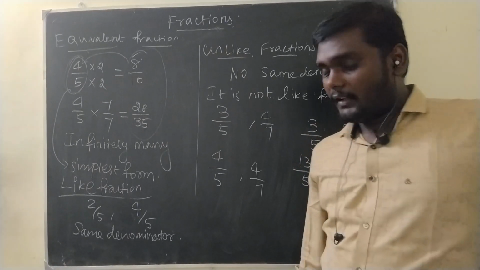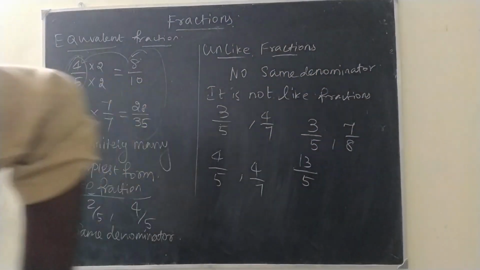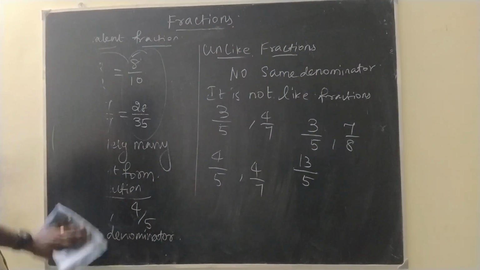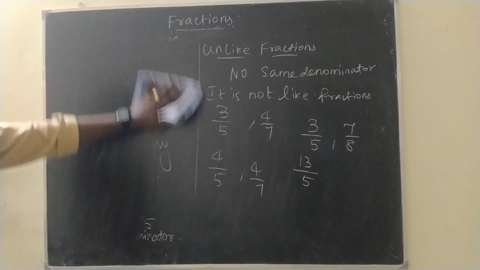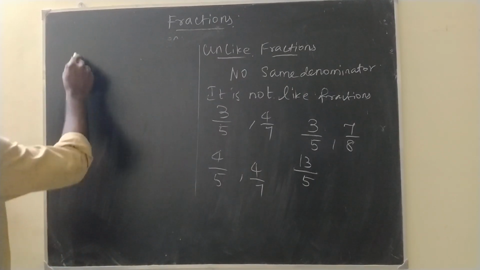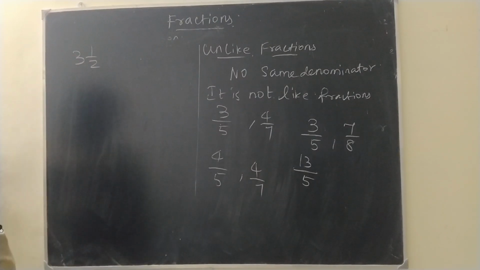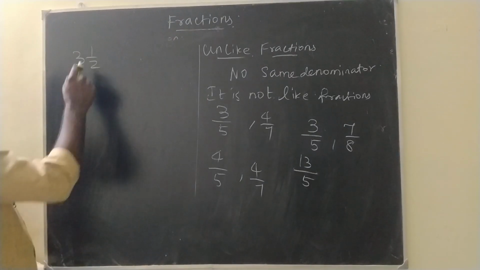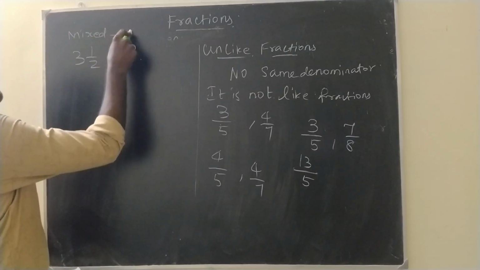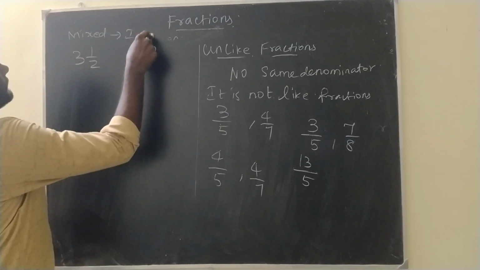This mixed fraction I mentioned, right? The mixed fraction and the improper fraction have a connection. How is it connected? See, when I say 3 and a half, it means 3 plus half. So we can convert this mixed fraction to an improper fraction.